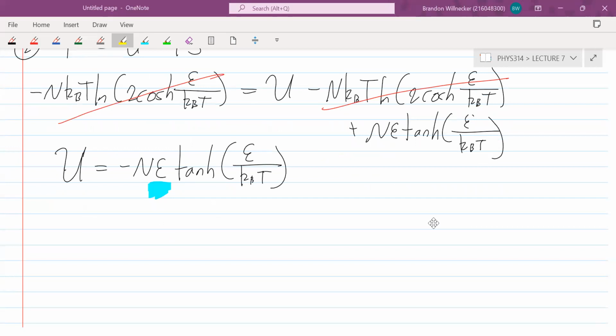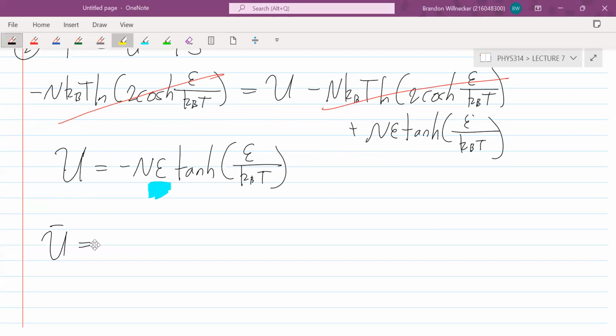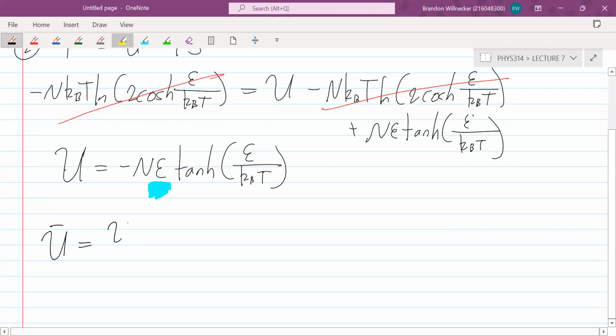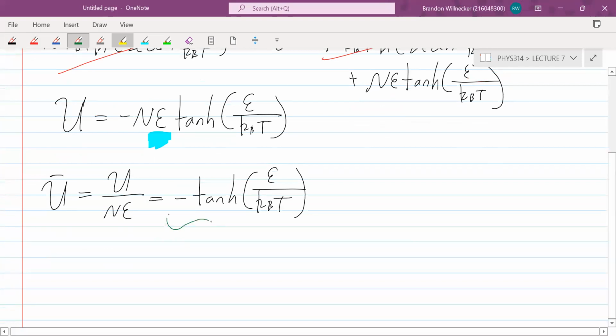So again, we can define this thing U bar, or you can call it whatever you like. I'm just calling it U bar for now, is U over N epsilon, and that's minus tan hyperbolic epsilon over KBT. And again, if we look at this right-hand side here, this is unitless, which is good.